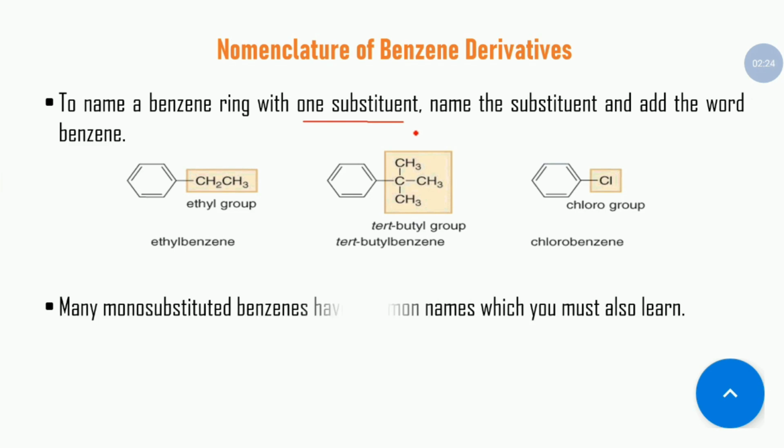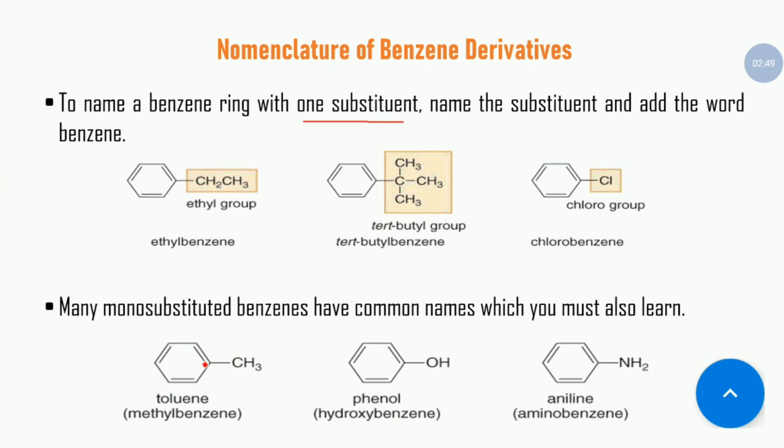Next, rule number 2. Many monosubstituted benzenes have common names which you must also learn. Some monosubstituted benzenes have very popular or common names, and you have to memorize these names. For example, here the benzene ring has one substituent, a methyl group.